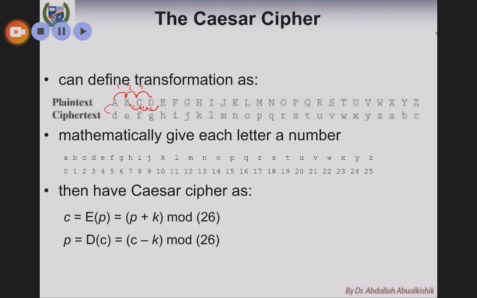So the A becomes D, the B becomes E, and each letter is shifted by 3. So for any word, like go, the G, 1, 2, 3, becomes J, and the O, 1, 2, 3, becomes R. So this word becomes unreadable. This is the plain text, this is the ciphertext, and here the key is equal to 3.